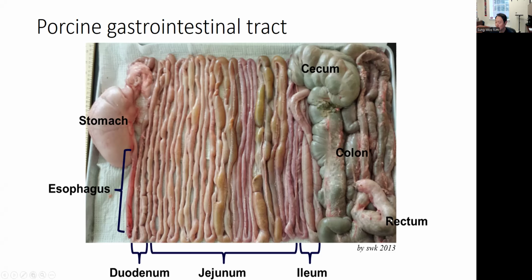Most likely in the ileum, there's no real active, efficient nutrient absorption, but it connects the small intestine to the large intestine.